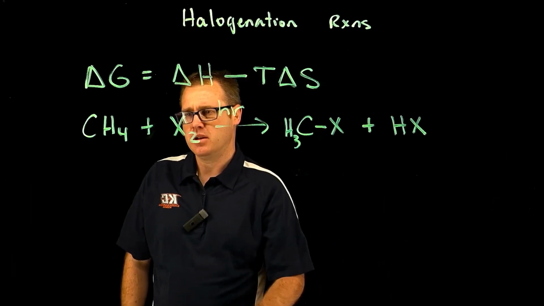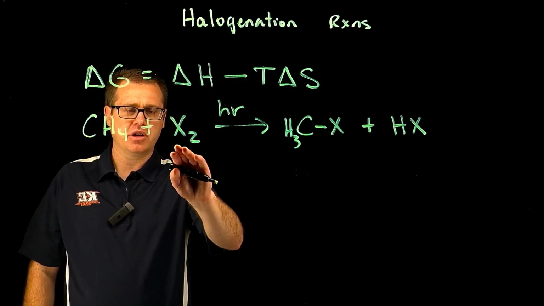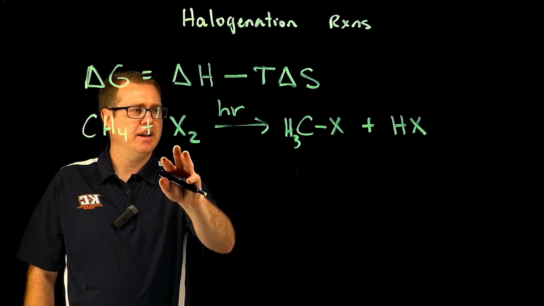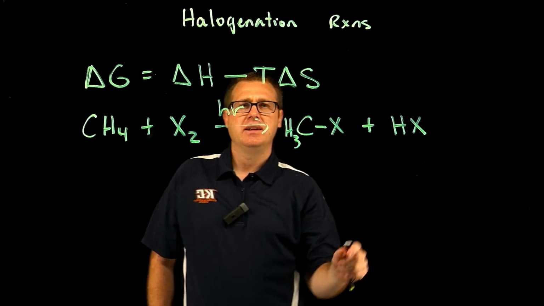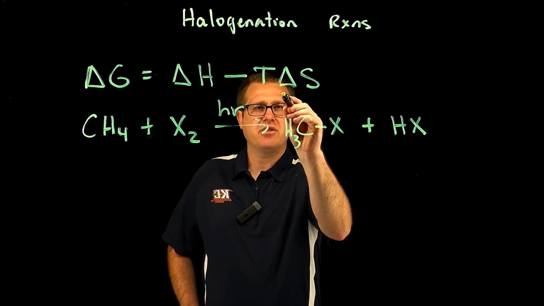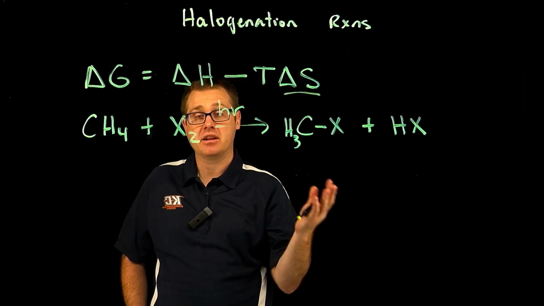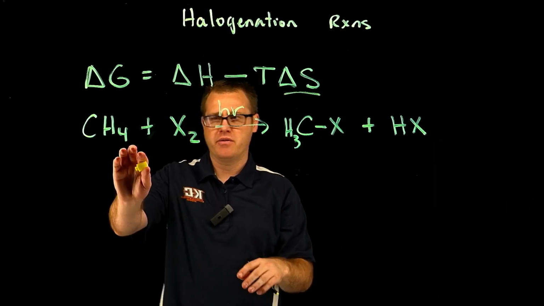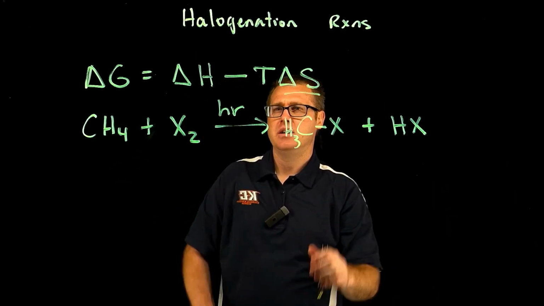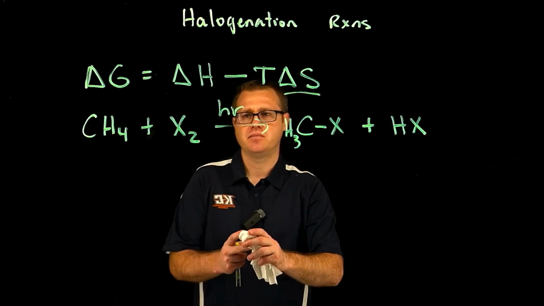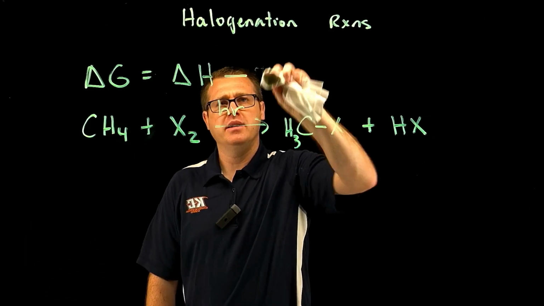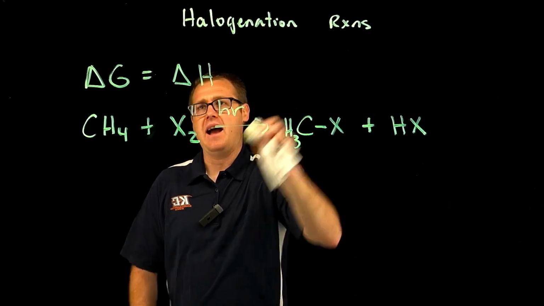the amount of disorder. So what we have is 2 molecules on the reactant side and then 2 molecules on the product side. So what we can say is the entropy change right here is going to be negligible because it's going from 2 to 2. So what we can do is really just focus our attention on that.